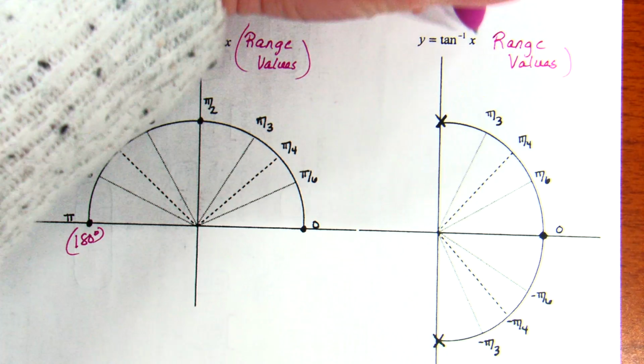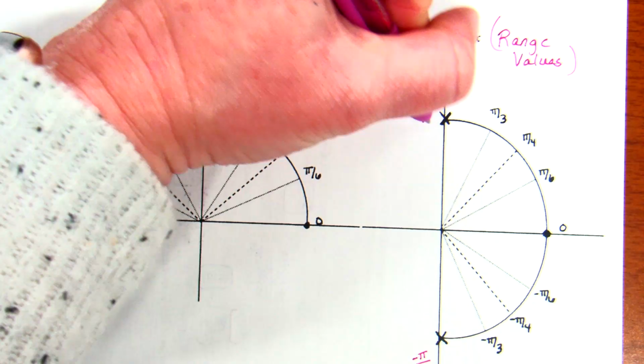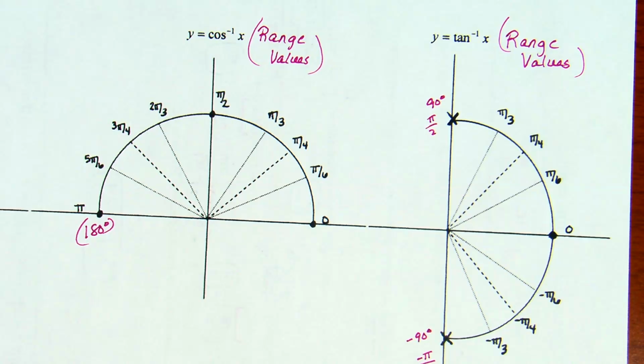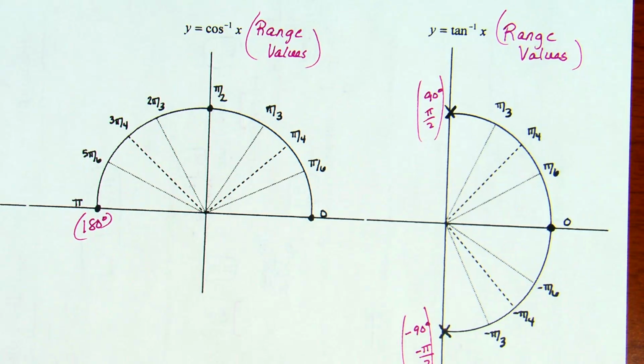And notice it's still -π/2 to +π/2, or if you want, -90 to +90, but it won't actually equal those values, right? It's going up to those values, but not equaling those values. Got it? Okay, so keep those half circles in your brains.